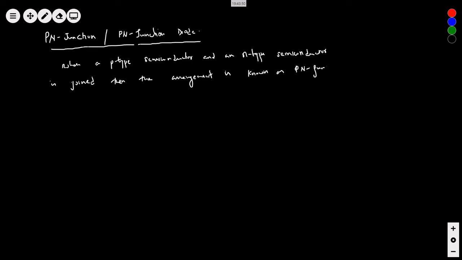The junction that separates the p-type and n-type is called the PN junction.